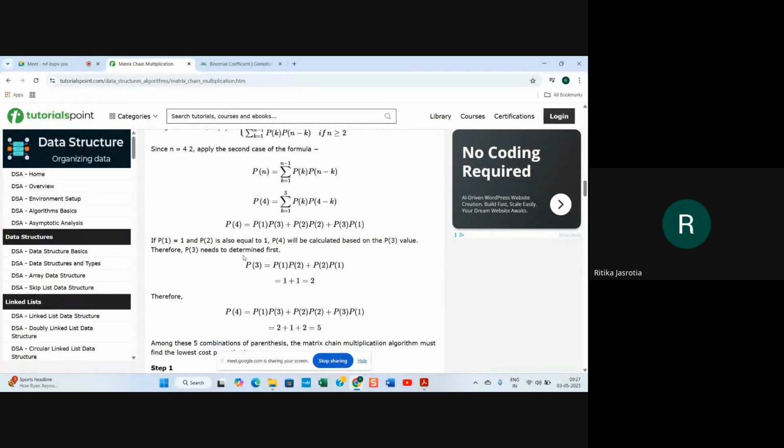Therefore P3 needs to be determined first. Here they are calculating P3 as P1 into P2 plus P2 into P1.